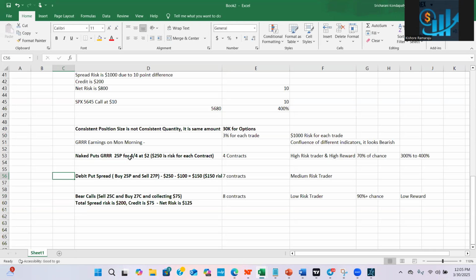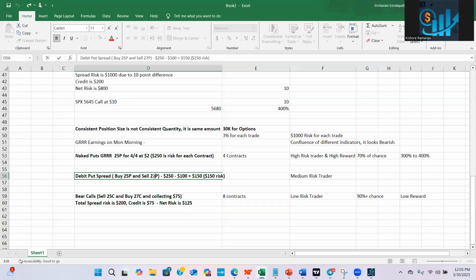You are a medium risk in between this, right? You don't want to go with naked puts. You don't want to go with just a bear call spread where your profits are less. You want to go somewhere in between, right? Maybe you may buy 25p and sell 28p, right? So like that.